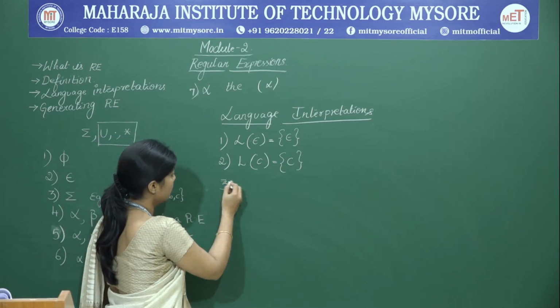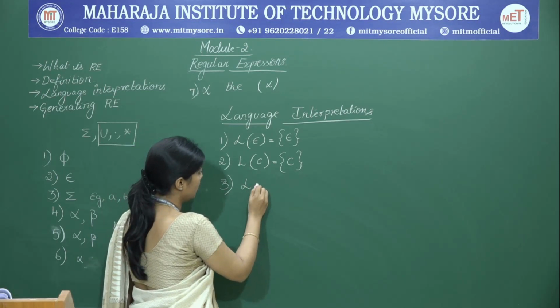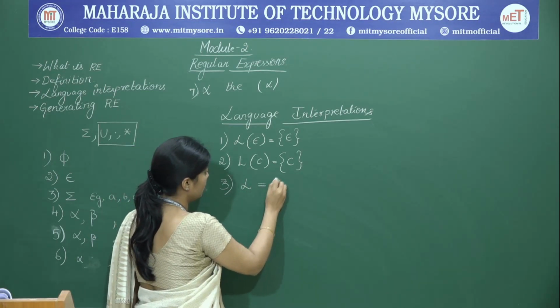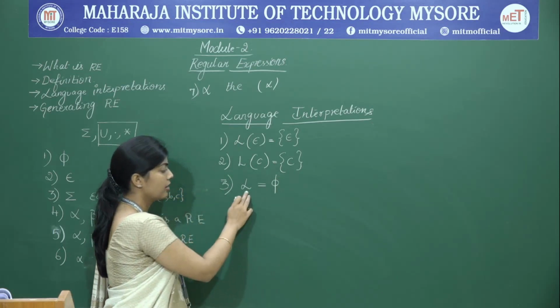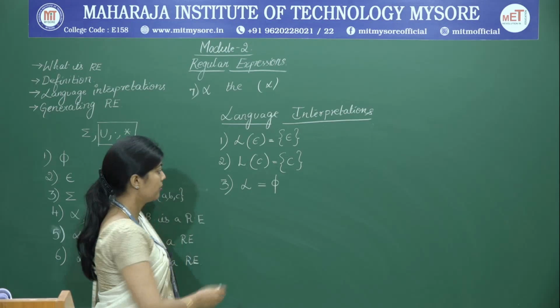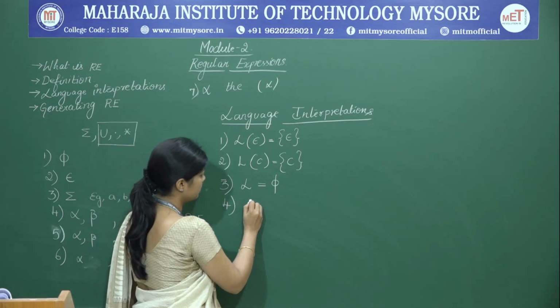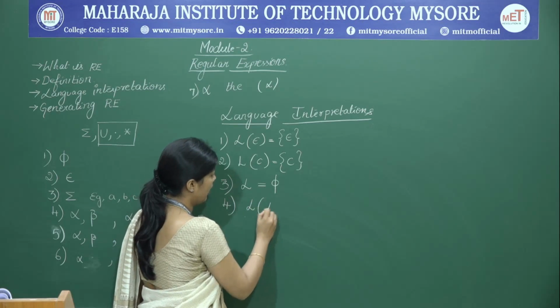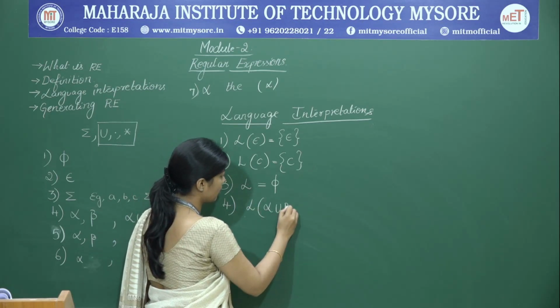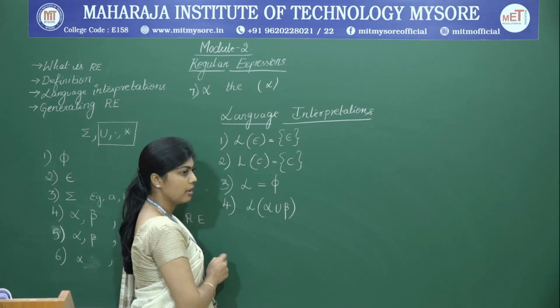Next, the third one: if we have L equal to null, the language does not contain any element at all. Fourth one, in case we have L of alpha union beta, where alpha is a regular expression and beta is a regular expression.